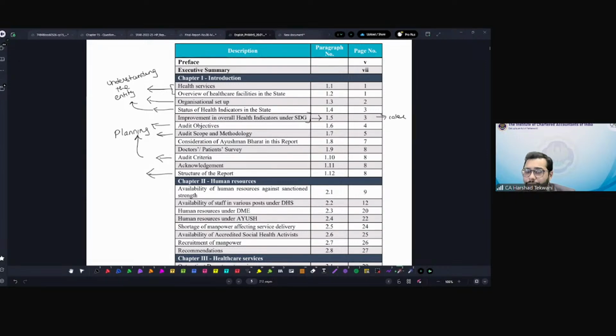Any doubt, guys, with respect to performance audit? You should get an understanding of these things, because in future you might be involved in these kinds of audits.